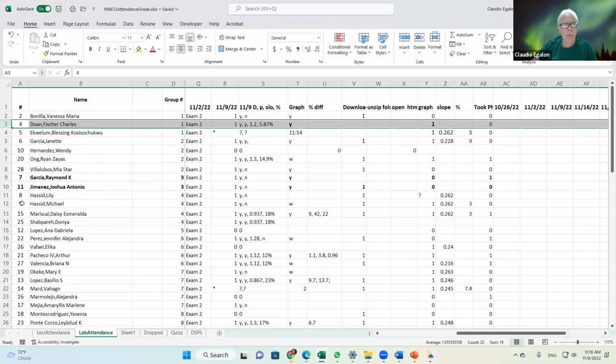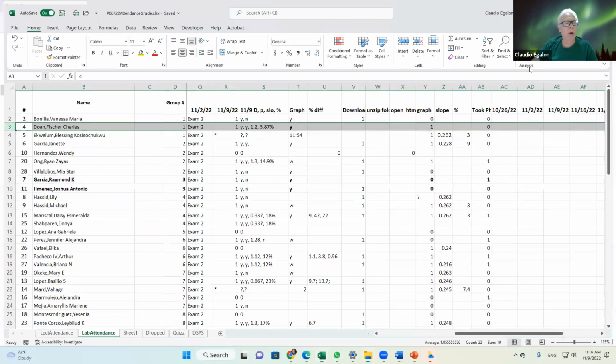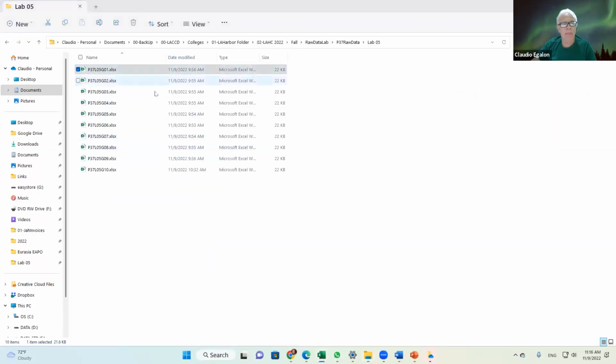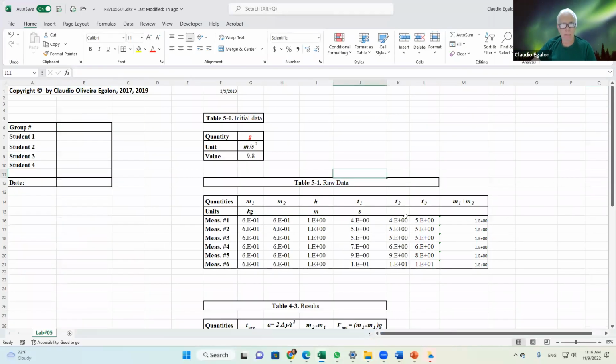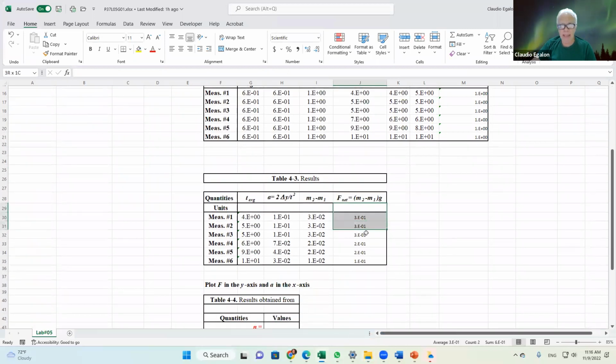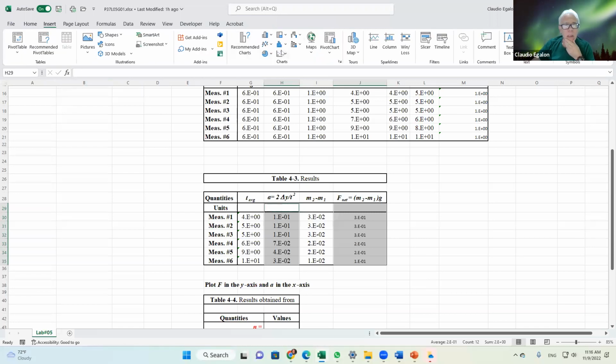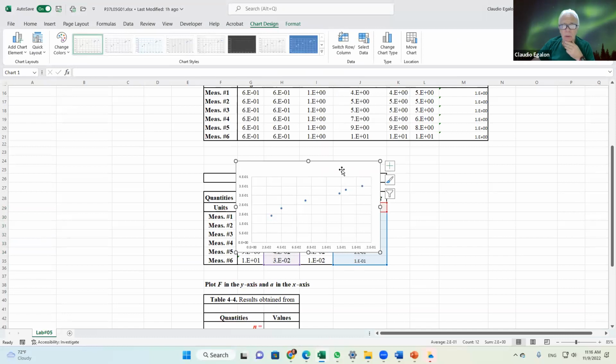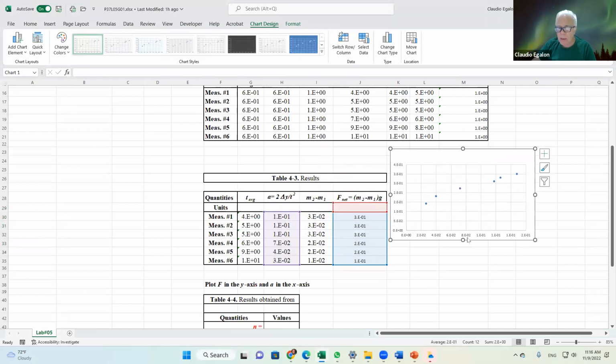So, okay, group 1, Fisher, I'm gonna plot your graph here. Okay, so what do we have to plot? We have to plot the net force and the acceleration, right? Net force and acceleration. And insert, yeah, it's a little bit scattered, right?